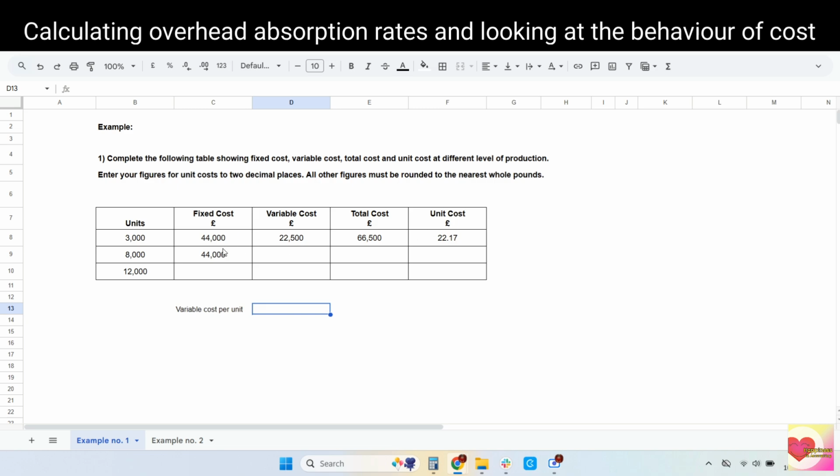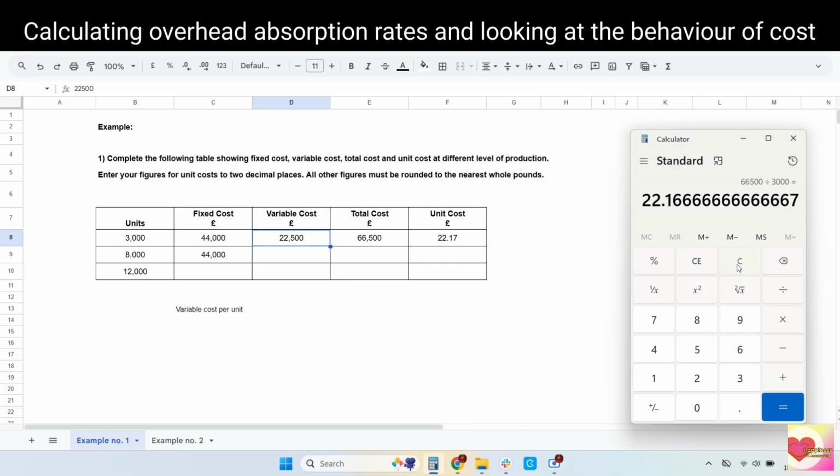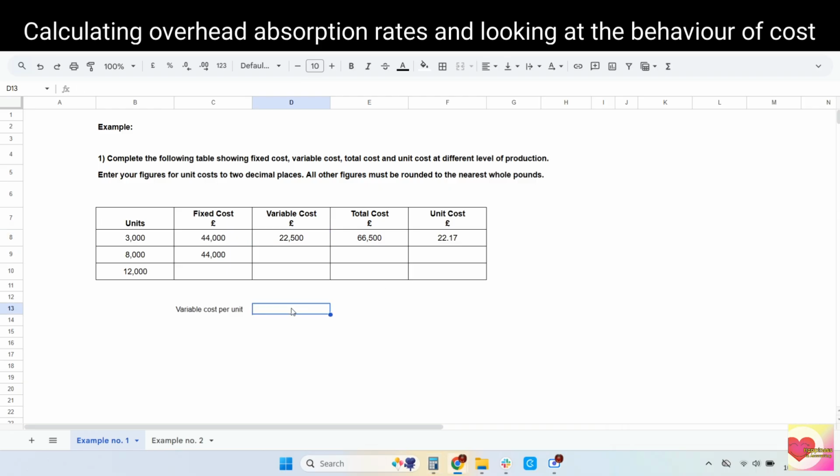In here, the variable cost is 22,500 for 3,000 units. So let's divide this variable cost by the number of units, and we got 7.50 pounds. And this is our variable cost per unit.